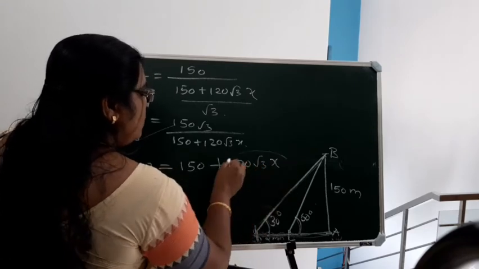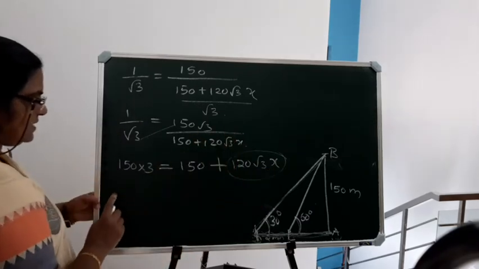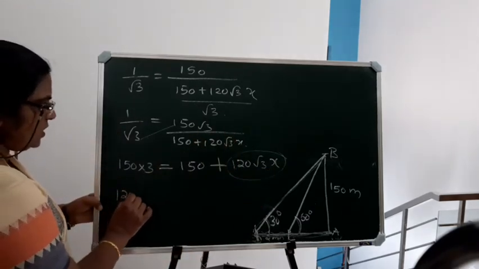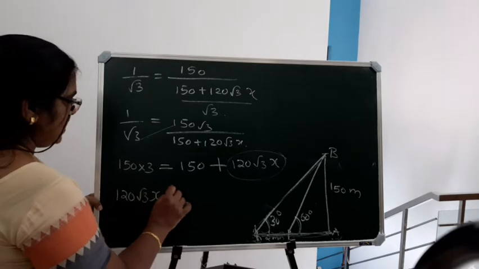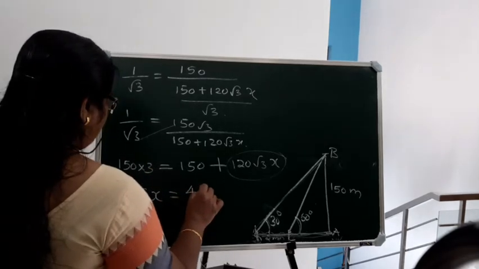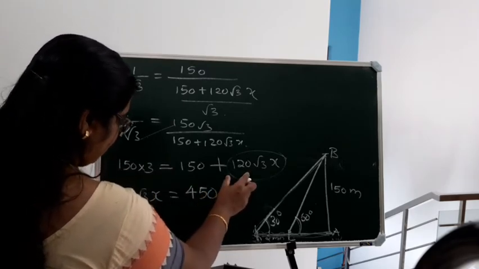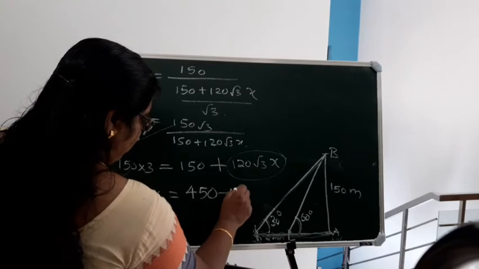So we want to find the value of x. We take the x term to one side. So 120 root 3 x is equal to 150 into 3, which is 450, minus 150.